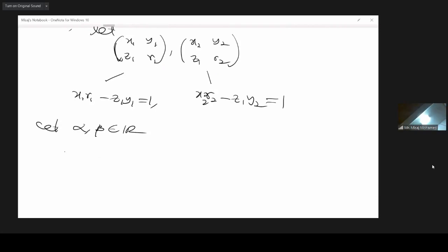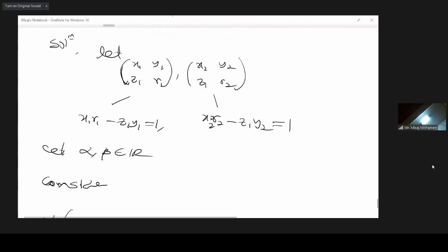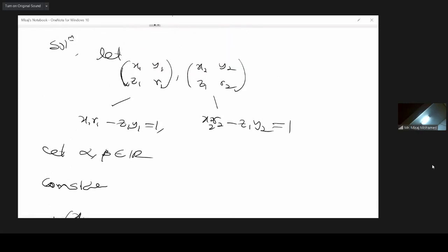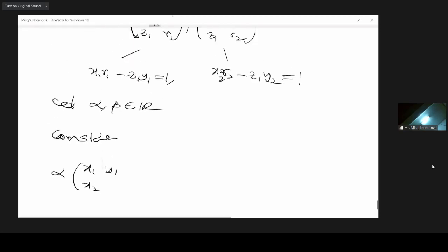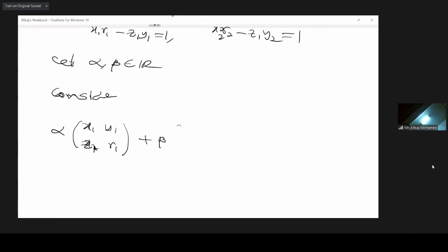Okay, and consider alpha times the matrix (x1, y1, z1, r1) plus beta times the matrix (x2, y2, z2, r2). Right?